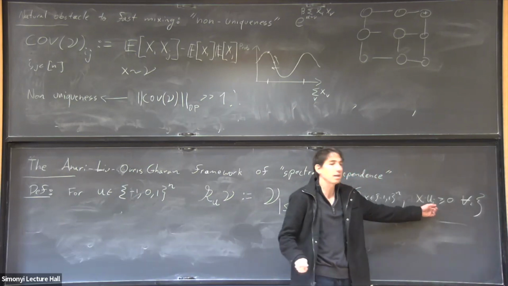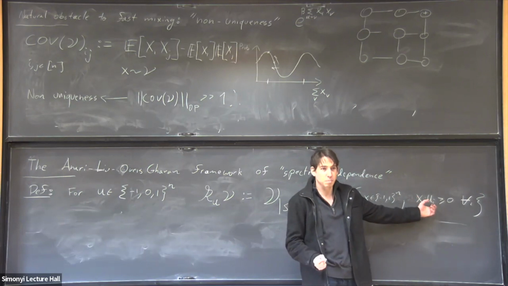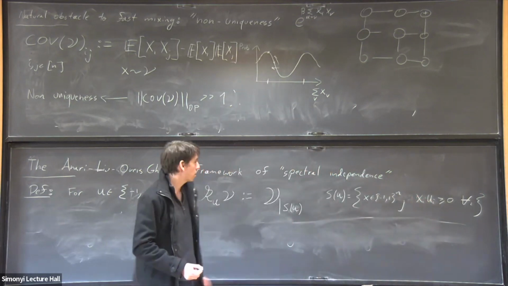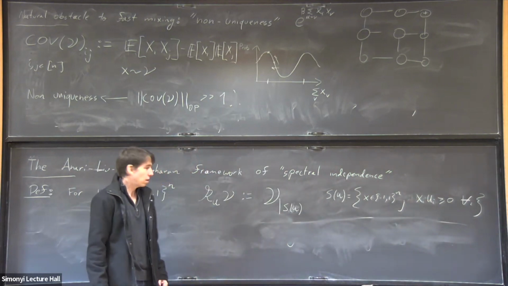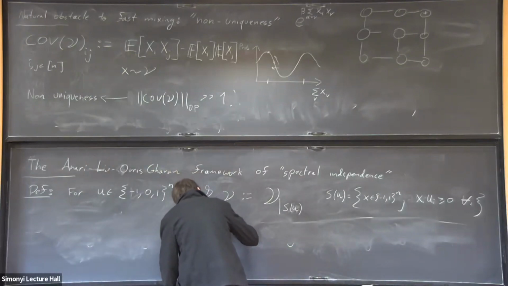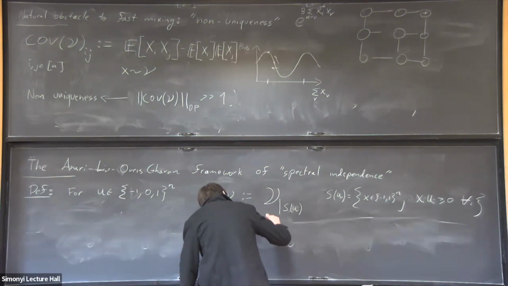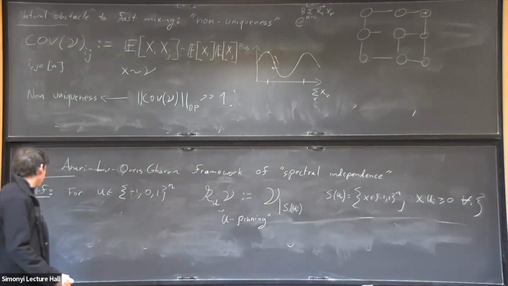So if u_i is 0, I don't care what x_i is, and if u_i is plus or minus 1, x_i has to be equal to u_i. Just a convenient way to write it. So this is called the u-pinning of the measure.